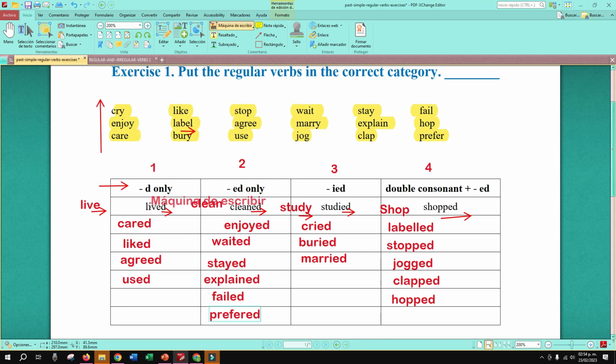You have the ones that you just need to add D, the ones you need to add ED, IED, and double consonant plus ED.